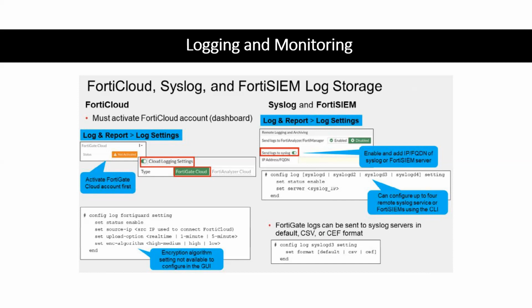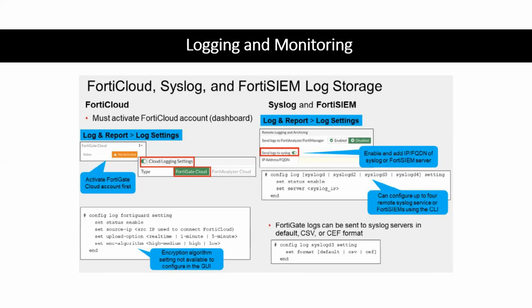You can do the same thing for FortiSIM. Set it up, tell it to send logs to FortiSIM. You can configure almost up to 4 FortiSIM and syslog services. You can set that up within the CLI and send those logs. You have a lot of options. And the FortiGate, which is what I love, I haven't seen it on a different firewall yet, has the option to send those logs to a syslog server via a CSV format or a CEF format.